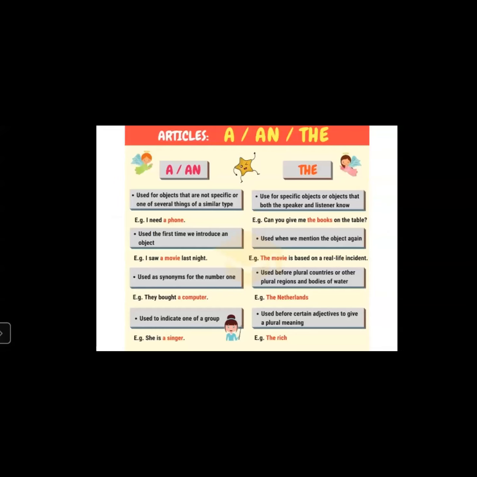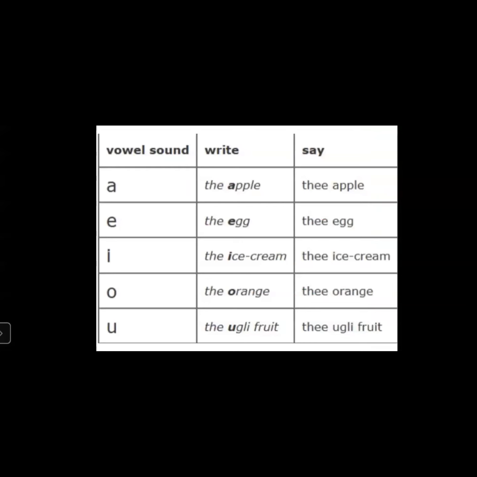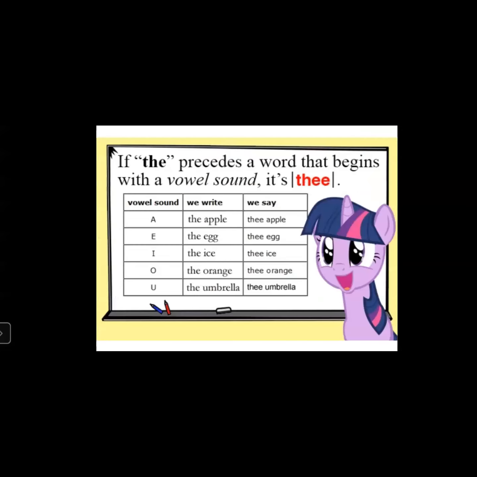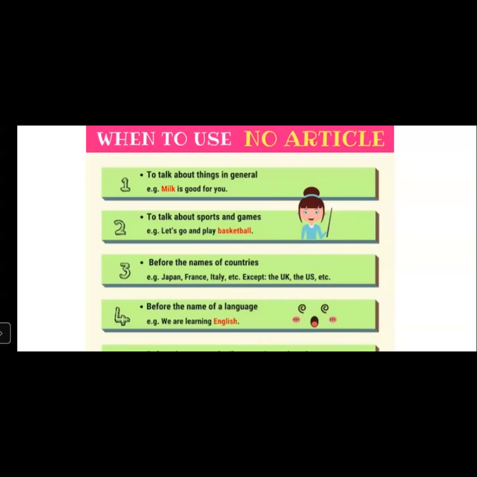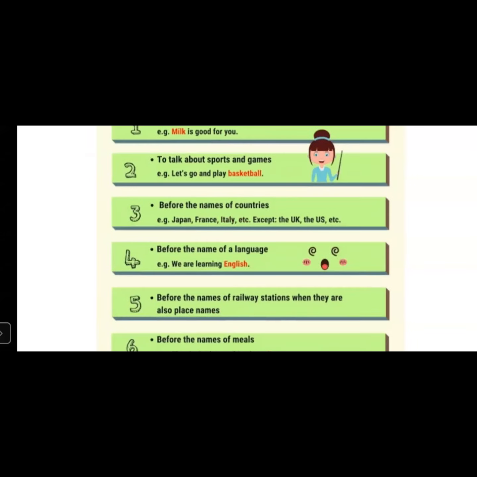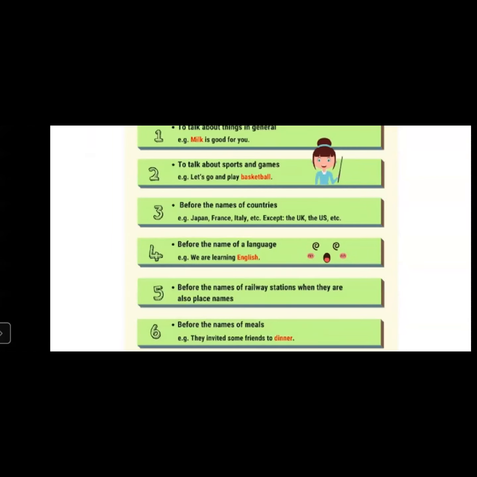Now children, see here: not using the article. That means an, the, or a, we should not use in some of the words. If you want, you can take a screenshot of these 7 rules for when you do not have to use the article.